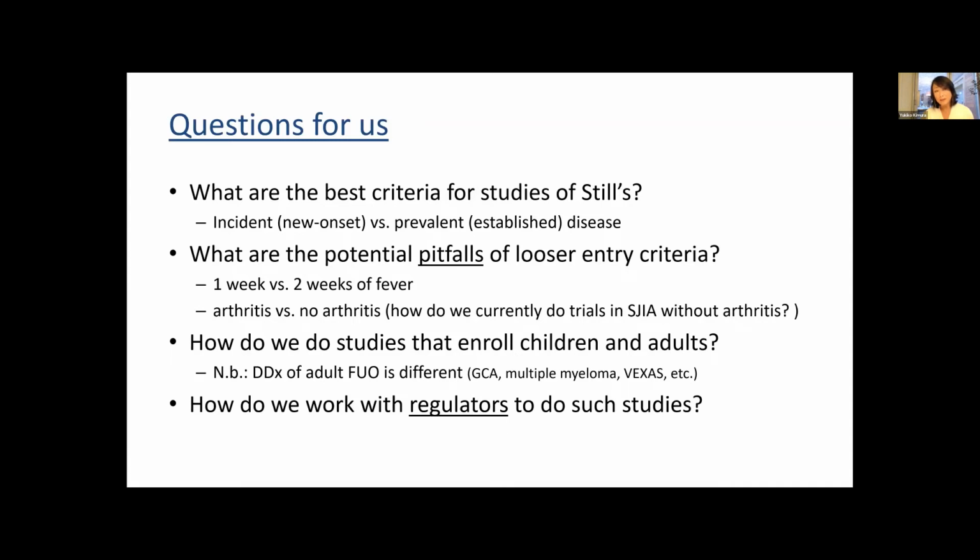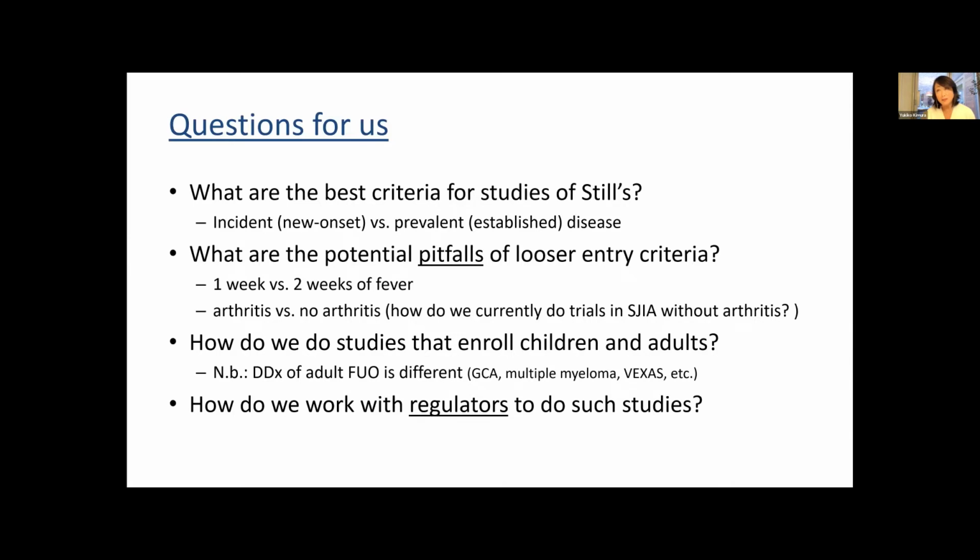And I think, in fact, what happens in practice is that people do treat patients who the pediatric rheumatologist really thinks have systemic JIA before developing some signs, including arthritis. And that has been evident in some of the studies that we've done.